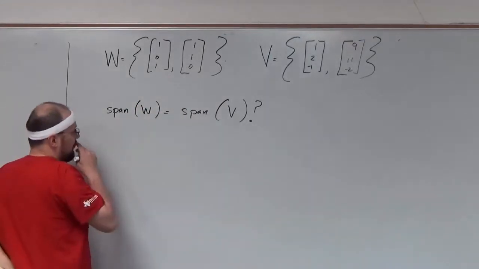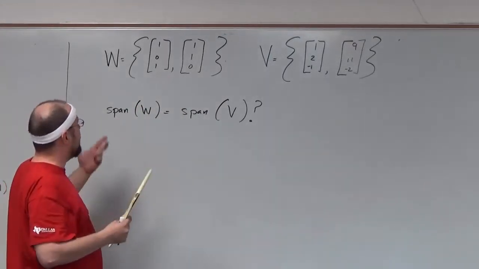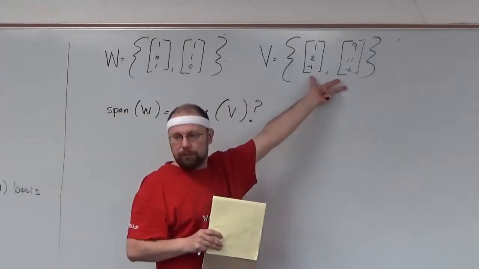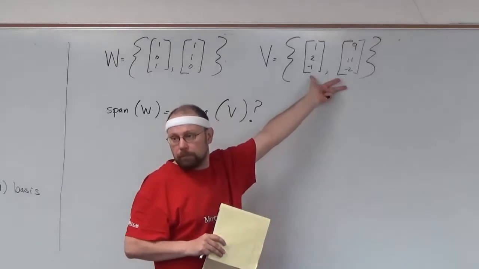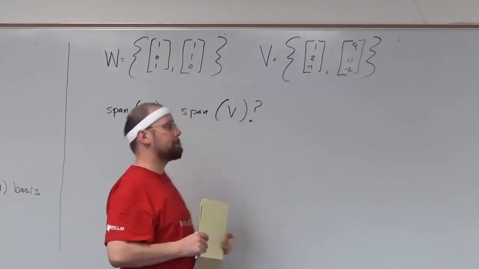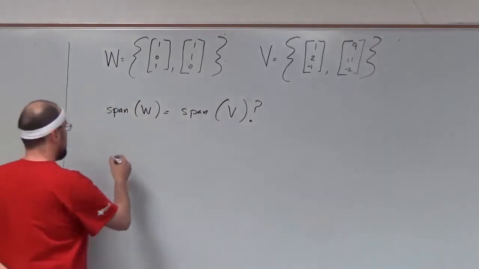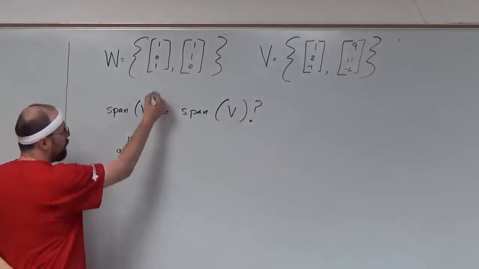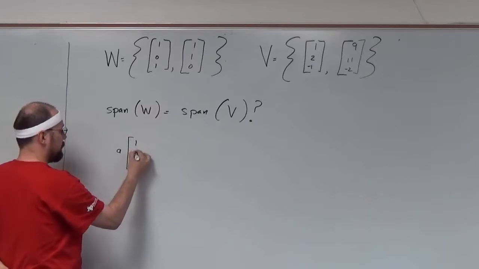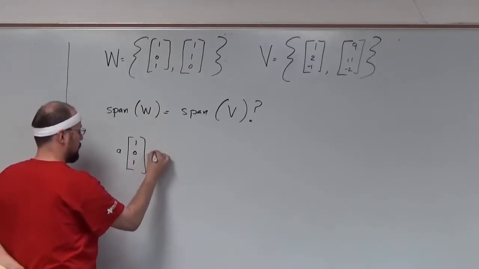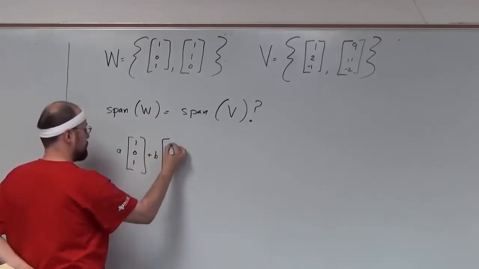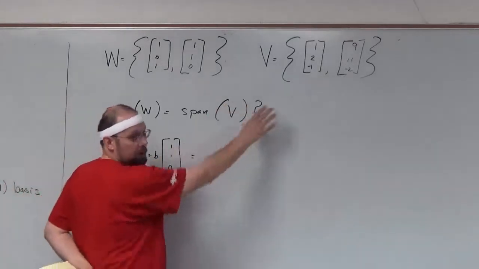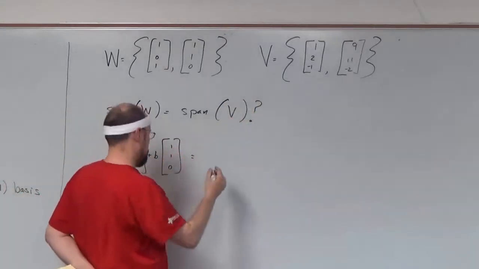And we want to see whether we can take that vector from W and also express it as a linear combination of vectors in V, and vice versa. So is it possible that if I choose an arbitrary linear combination of the vectors in W, I can express it as a linear combination of the vectors in V?